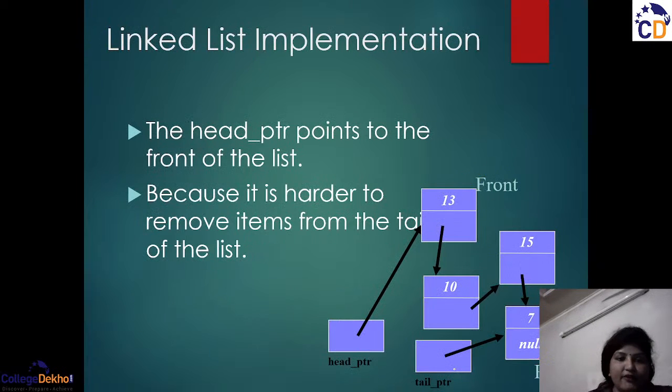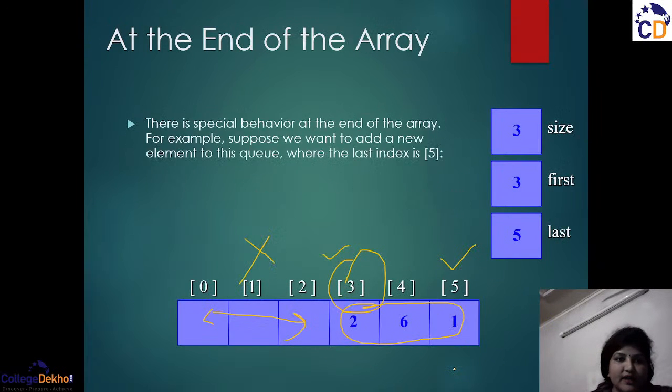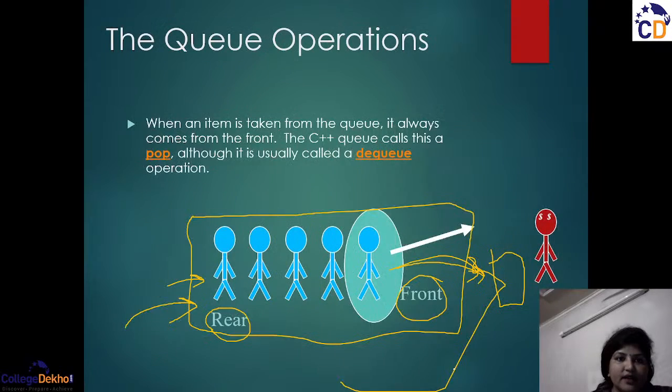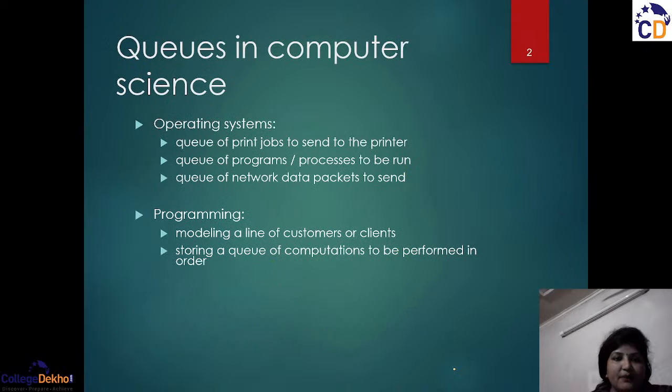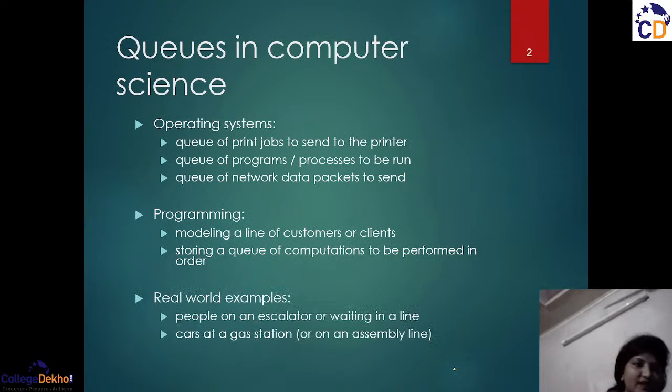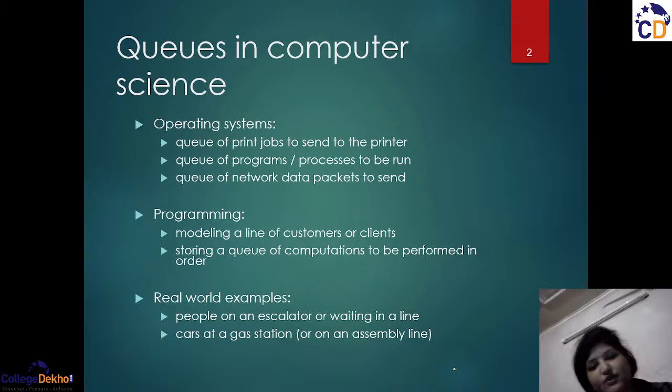Hope you have understood the linked list and the array implementation of queues, and the very important part, that is, the applications of queues. Where do we actually use these queues? It is widely used in a printer, and in a bank also we are using queues.